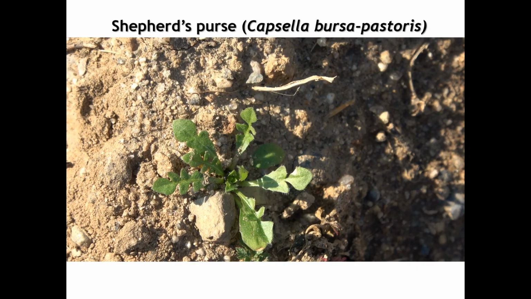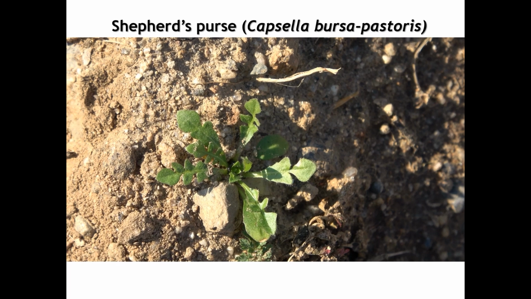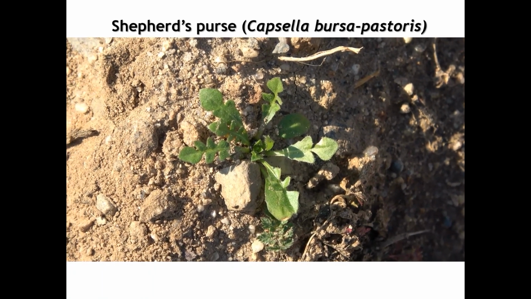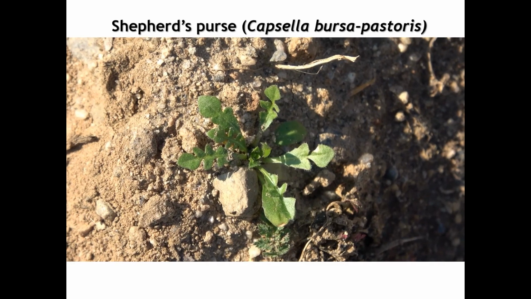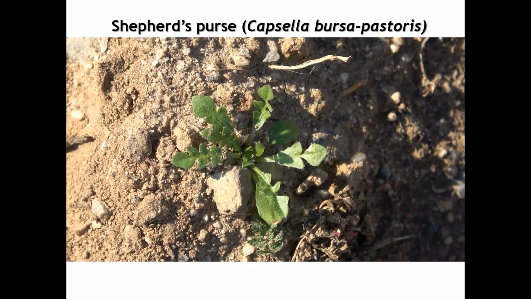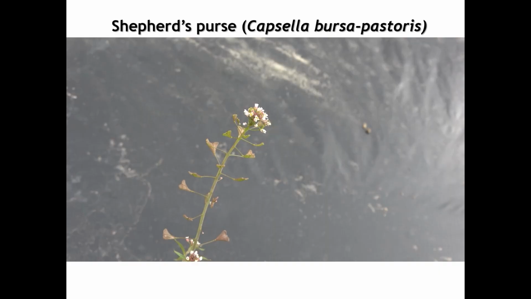Here's another plant that is very common in our cropping systems, and that is shepherd's purse. This is a seedling. You should be able to tell the plant at the seedling stage, and this is what the plant looks like at the seedling stage. Let me play the video of this shepherd's purse plant, and you can see the leaves.